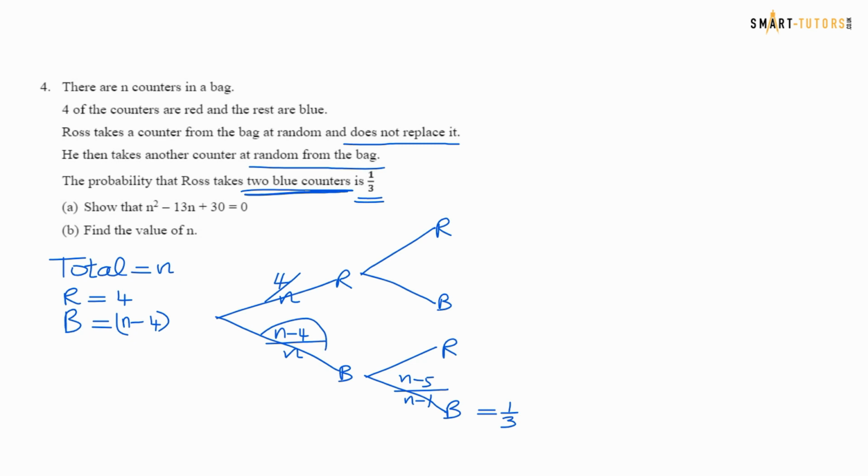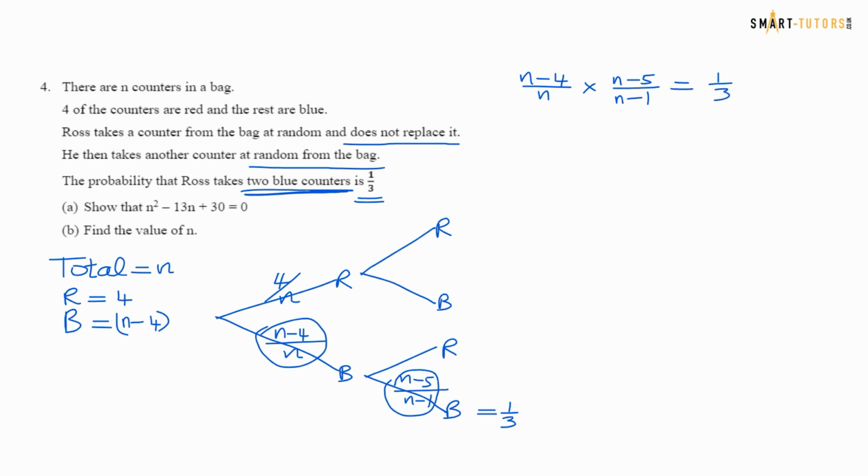So n minus 4 over n times n minus 5 over n minus 1 equals 1 upon 3, right?